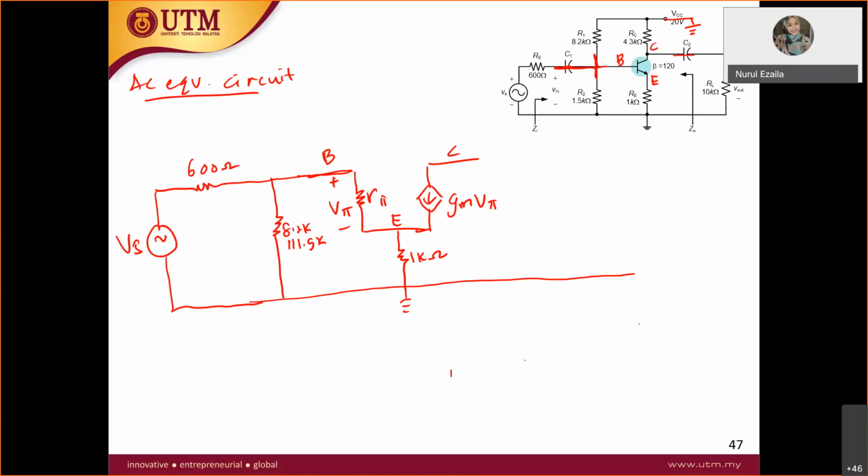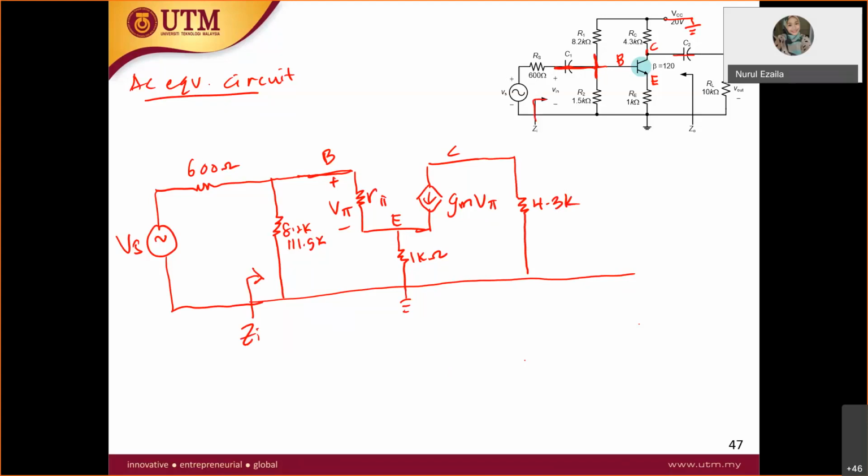Where Z AC in is placed is here, before the RS. So this is your Z AC in. Now let's take a look at the collector part. At the collector you have RC to the ground, which is 4.3 kilo.